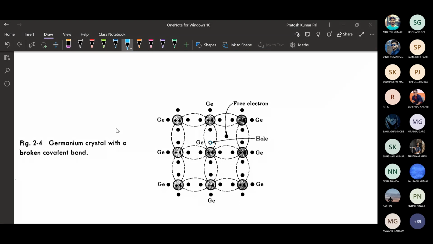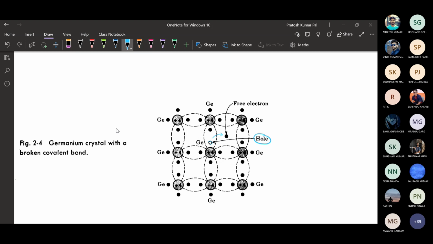After acquiring some energy, it will be breaking the bond with the other neighboring atom. So that covalent bond is going to break when we apply the temperature. So by breaking the bond, the electrons will move from the covalent bond to become a free electron. And as the electron is moving from this location to become a free electron, it will create a space. So this empty space is considered as a hole.